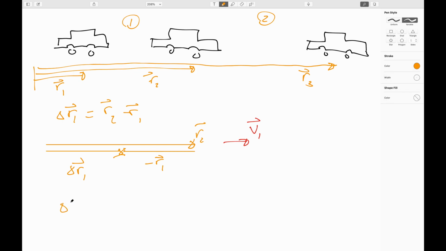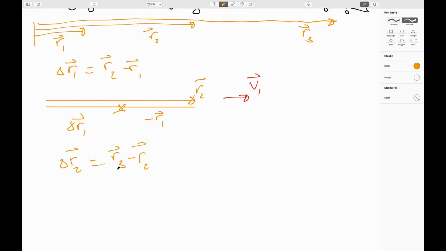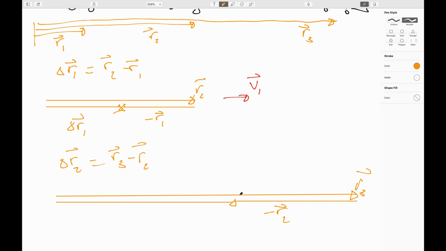All right, then we can play the same game here with R3, time interval 2. We can say that delta R2 would be R3 minus R2. So then we'll be taking my R3 like that, adding to it negative R2 like that to get delta R2.